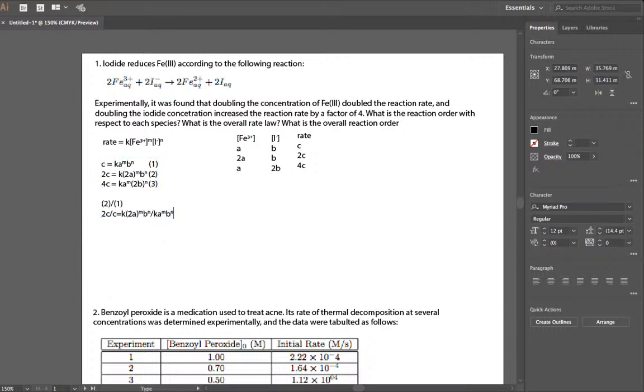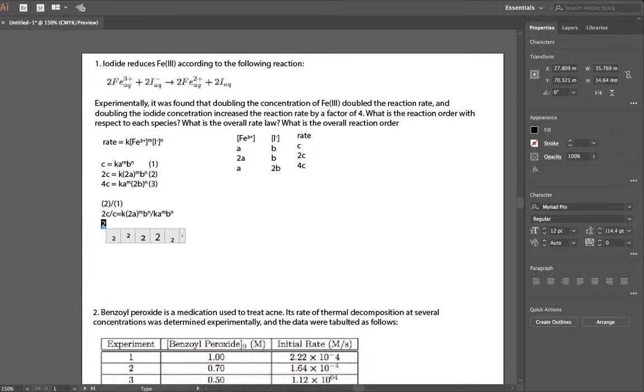With this, you can see what you need to do. You have basically found what 2C divided by C is. That is 2. Let me turn off my superscript.